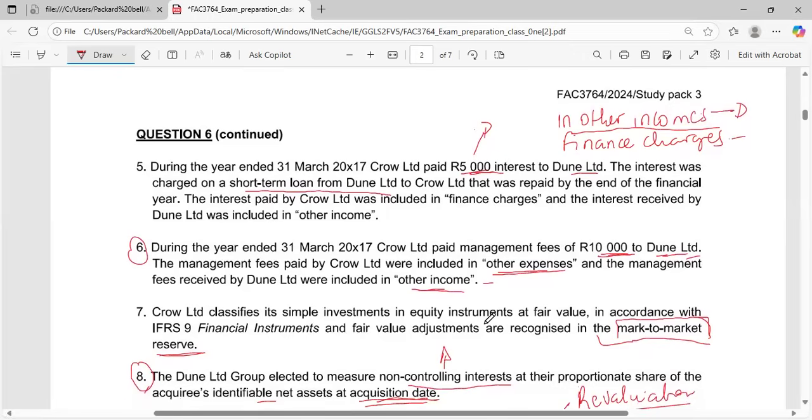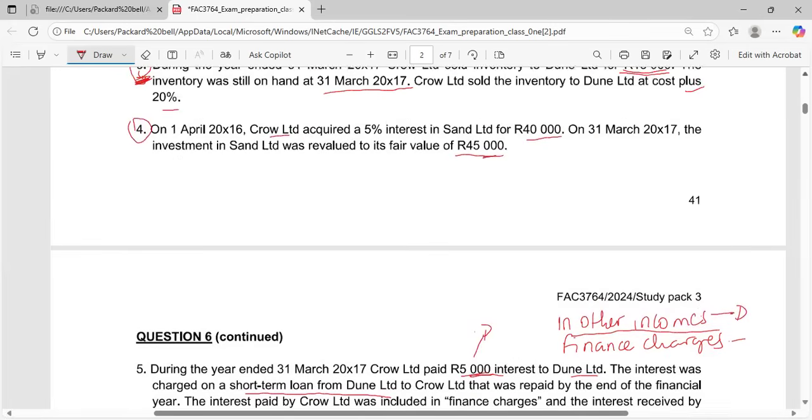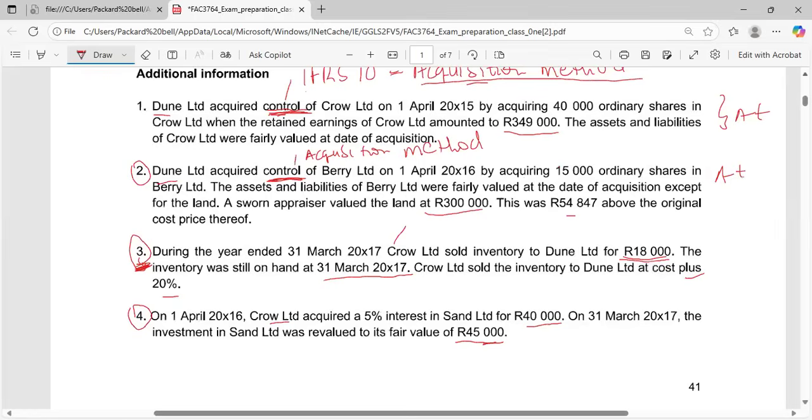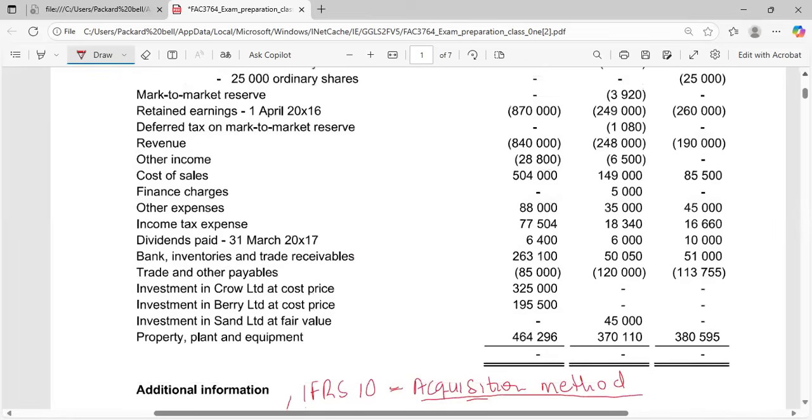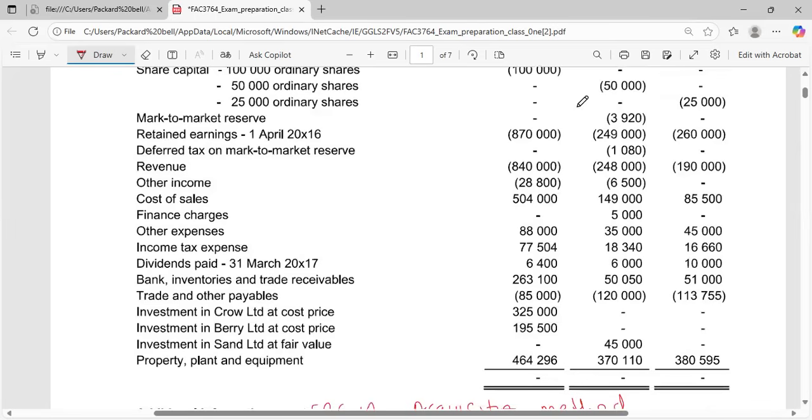So we are going to have the sales for the 3 divisions. Then we adjust those sales, so let's go to our question and look at the sales figure. When we consolidate, we start from our revenue.